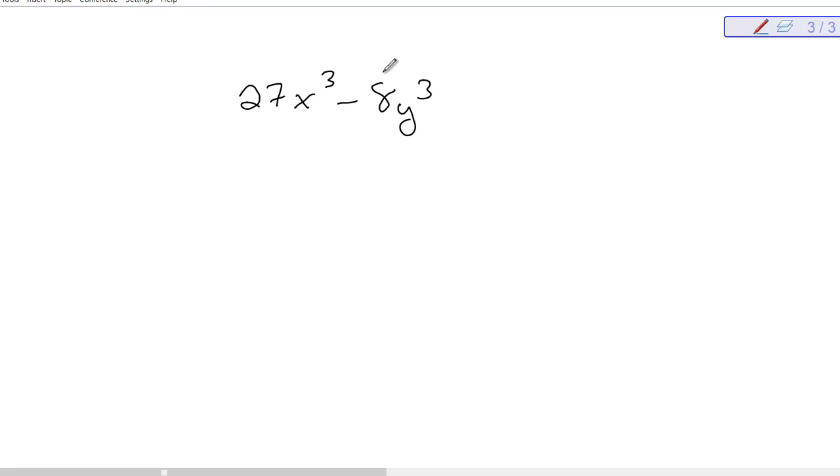Are they even or odd exponents? These are odd exponents, so they're cubes. And so then I'm going to say, how can I break 27 up? 27 can be broken up into 3, 3, and 3, and then I have an x with each. Then 8 can be broken up into 2's, and each of those has a y with it.